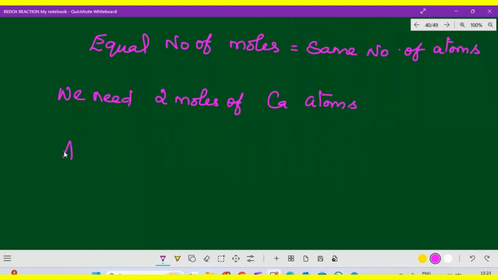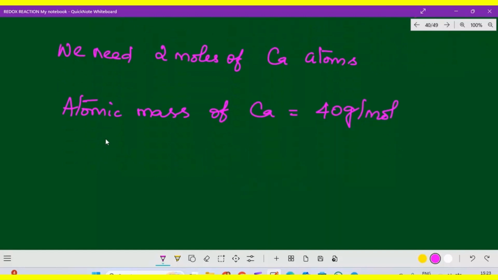If we find the moles, it will be easy for us to find the mass. Atomic mass of calcium, how much? 40 gram per mole. Now the formula mass is equal to moles into atomic mass.